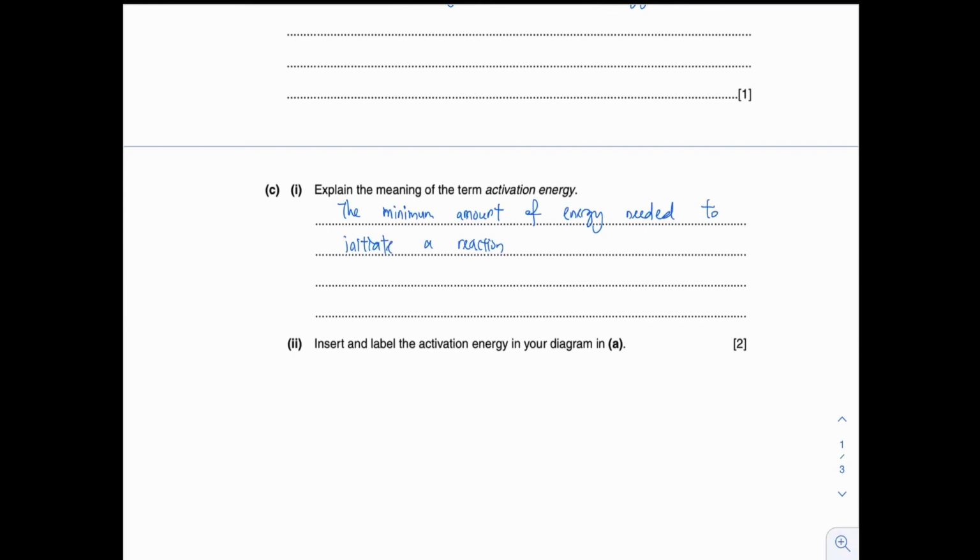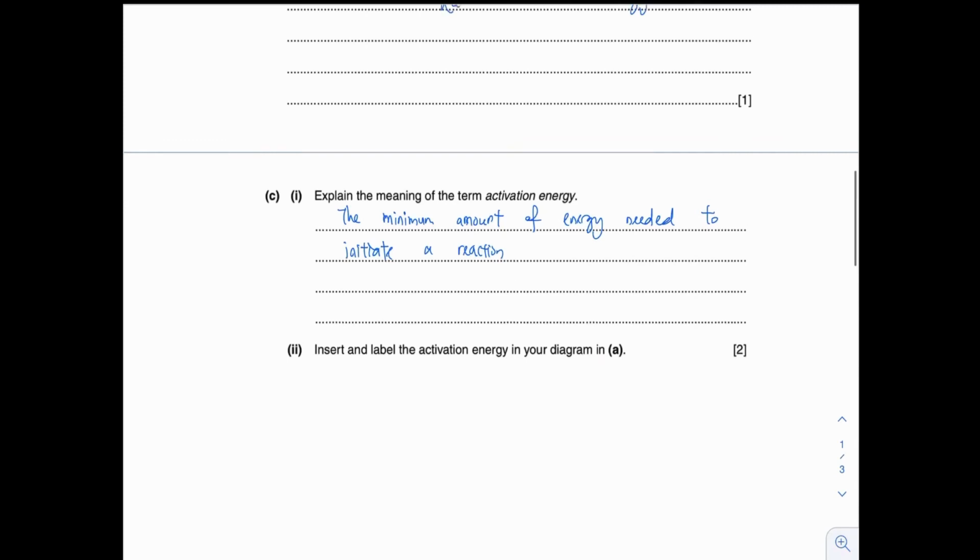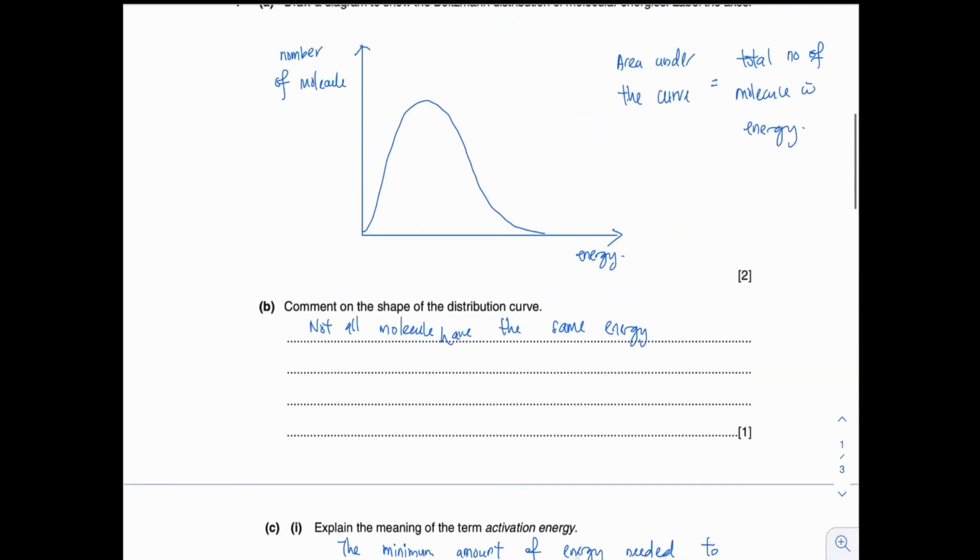So, next, question number 2. Insert and label the activation energy in your diagram in part a. Well, look, the activation energy will be placed over here. This is the activation energy.